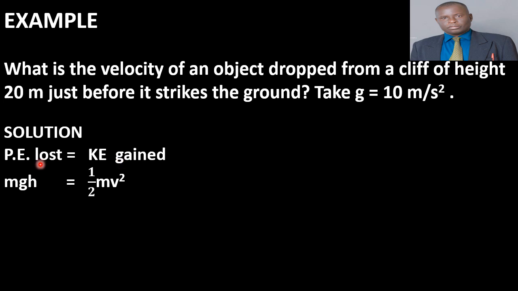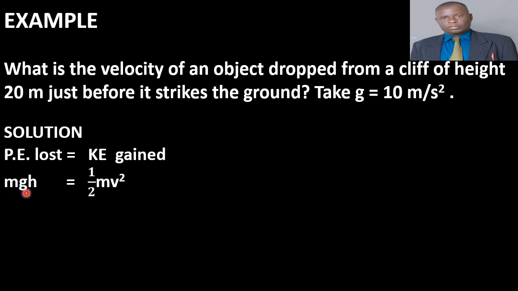So remember, somewhere in the topic we said that potential energy is found by multiplying the mass of the body by the acceleration due to gravity and its height. mgh, potential energy. Don't forget that. It's mgh.